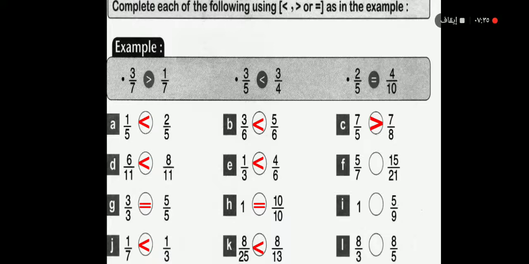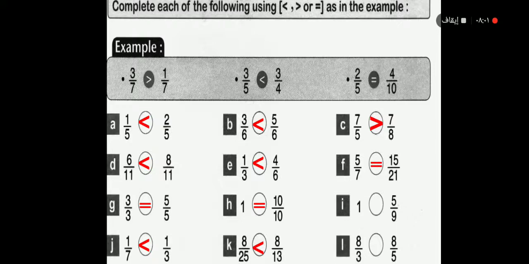We divide 15 and 21 by 3. 15 divided by 3 equals 5, and 21 divided by 3 equals 7. Then we can replace 15 over 21 by 5 over 7. Then the two fractions will be equal.